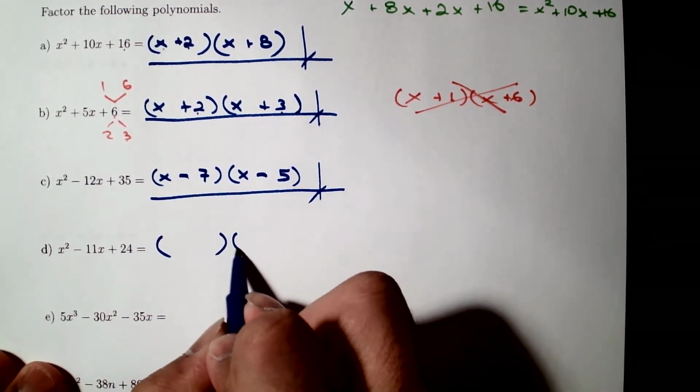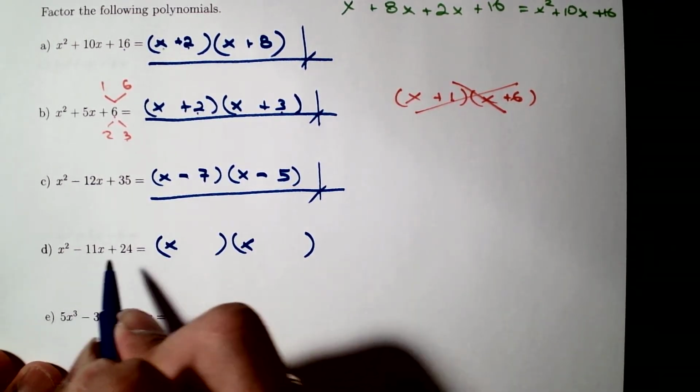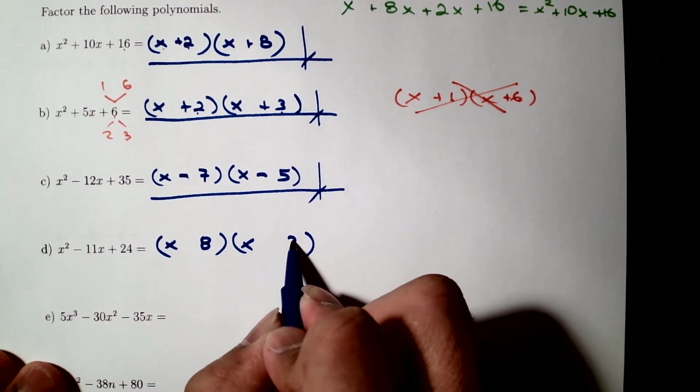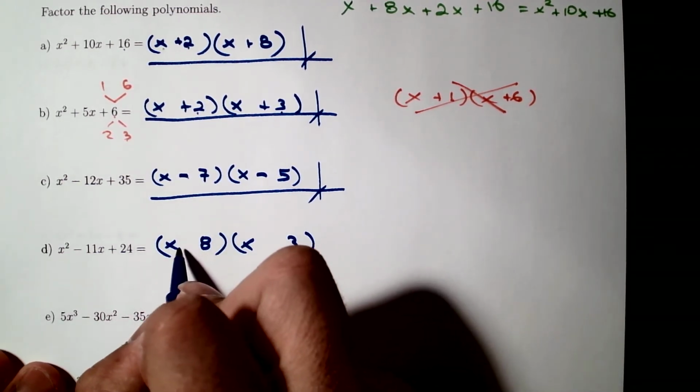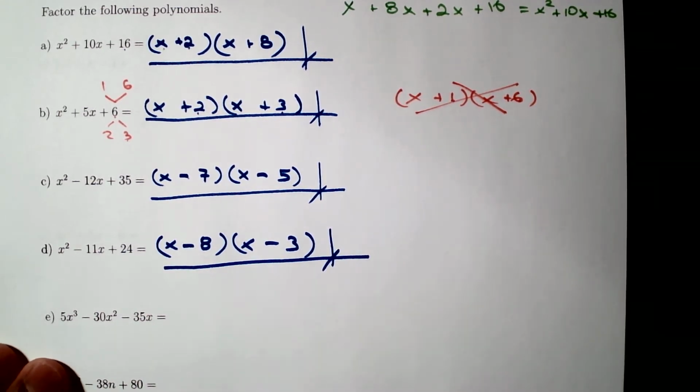Same thing over here. Double bubble, factors of 24 that add up to negative 11. I can think of 8 and 3, both negative. Notice there are a few possibilities for the number 24.